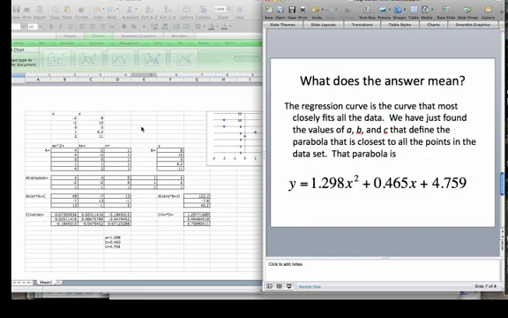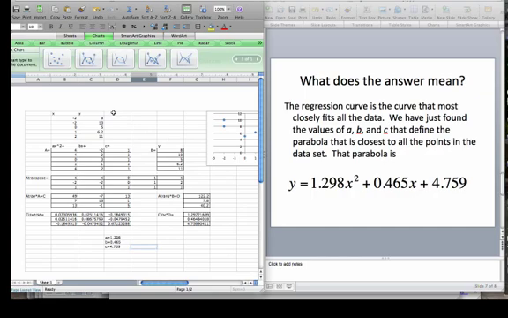So what I want to look at is how well it approximates it. I'm going to make an extra y column here and see how the points that I have compare with the regression points. I'm going to type in 1.298x squared plus 0.465x plus 4.759 so that I know what I'm doing. That's the equation that I'm going to use to calculate these new y values.